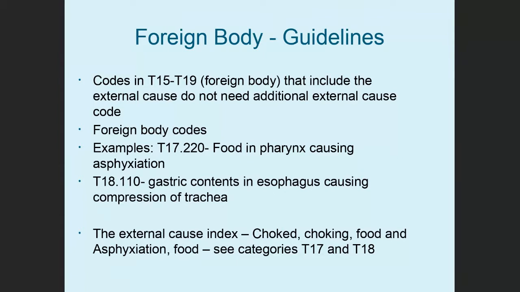T18.110 with the additional 7th digit, gastric contents in esophagus causing compression of trachea. Now the external cause index tells you this. If you look up in the external cause index choked, choking, food, or asphyxiation food, it will refer you back to T17 and T18.